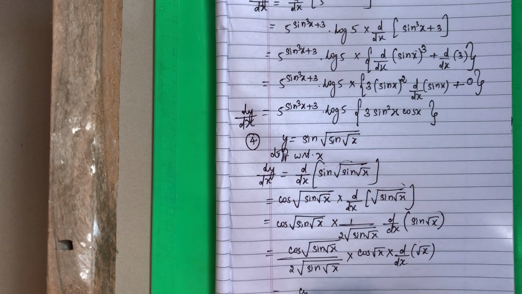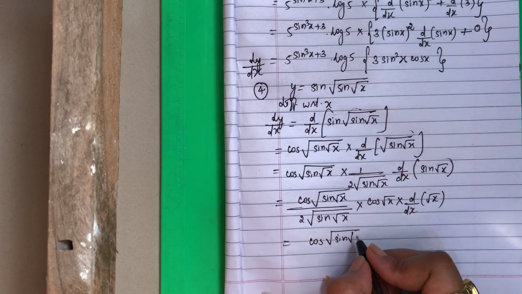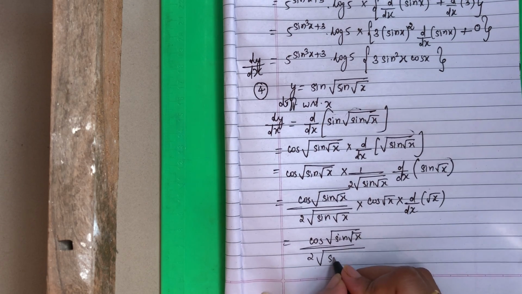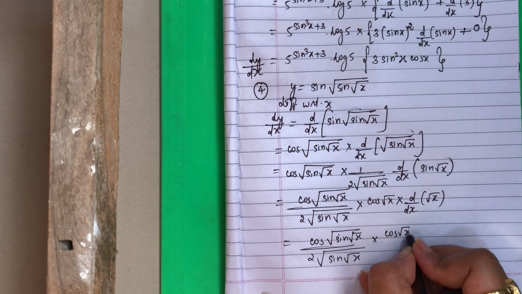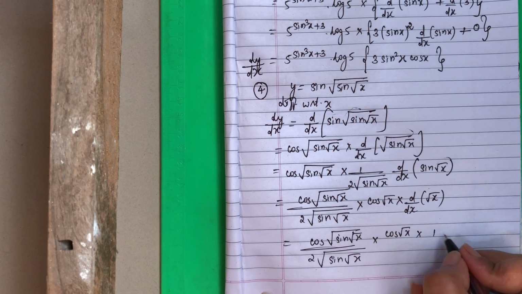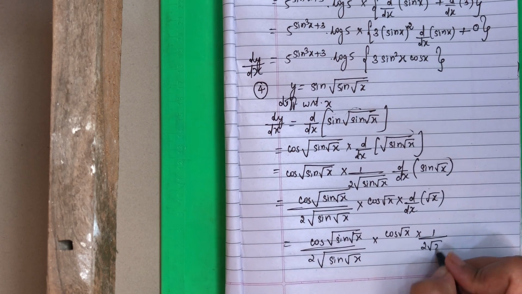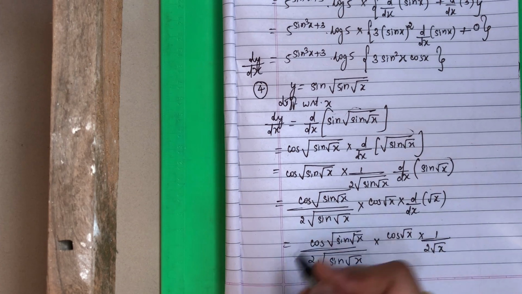So this gives you cos root of sin root x upon 2 root of sin root x into cos root x into differentiation of root x, which is 1 upon 2 root x. No more remaining function is there. So this is the complete answer.